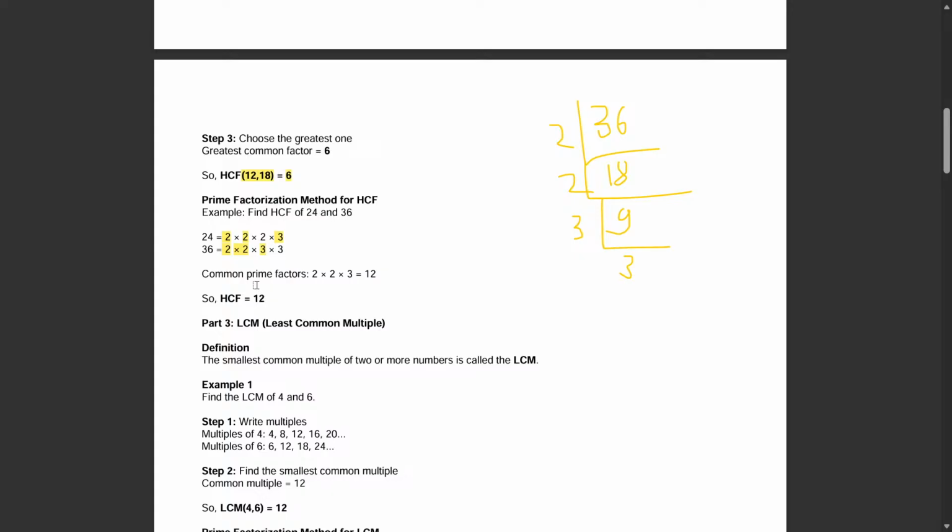So the common prime factors are 2 multiplied by 2 and multiplied by 3, so 2, 2 and 3. So the final answer will be 12. So HCF of 24 and 36 is 12.